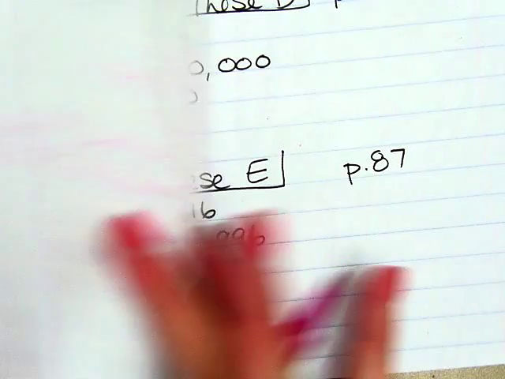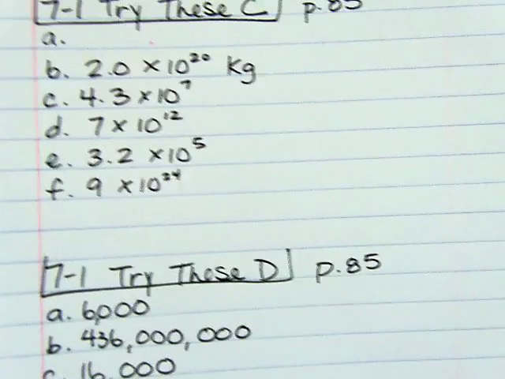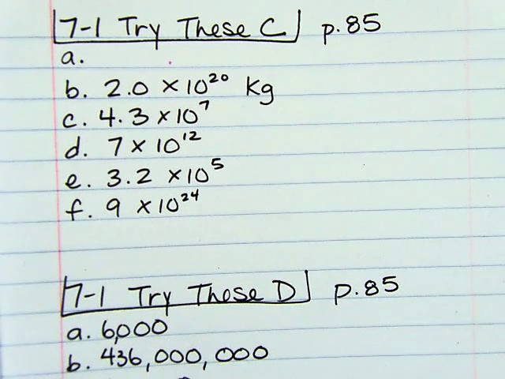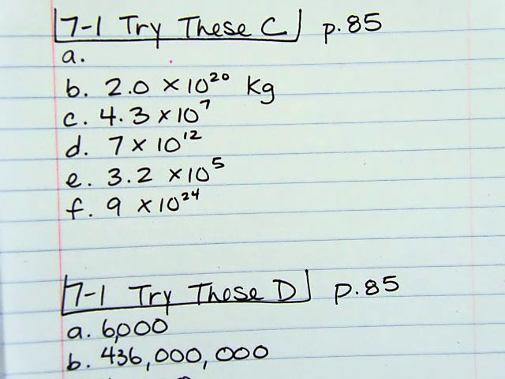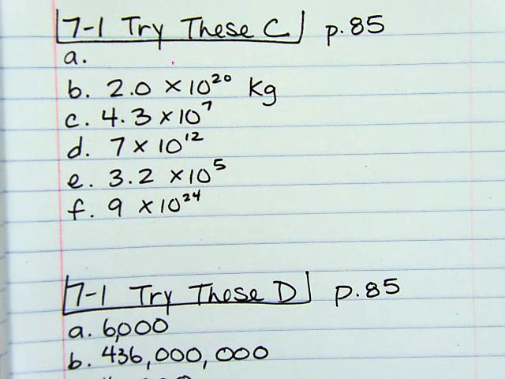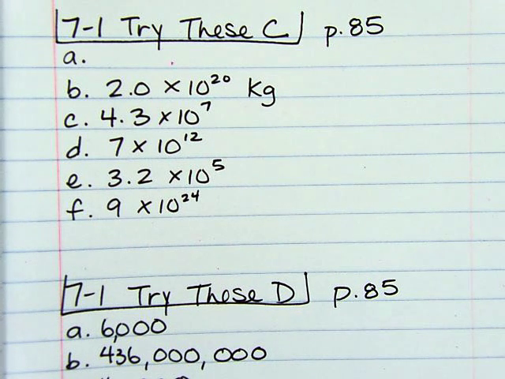Now, we also did not do the try these C, which is on page 85. The directions for A say, what is the relationship between the exponent of the power of 10 and the number of places the decimal moves? Well, we kind of already addressed that in the try these B section, but basically the value of the exponent tells us how many places to move the decimal point to the right.